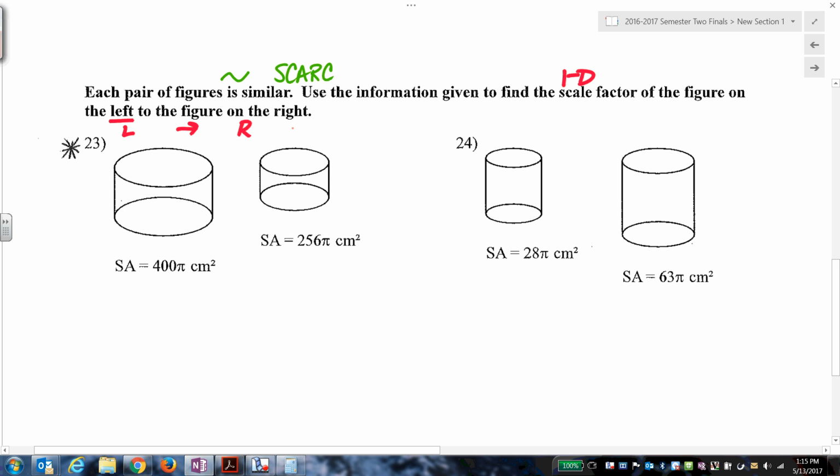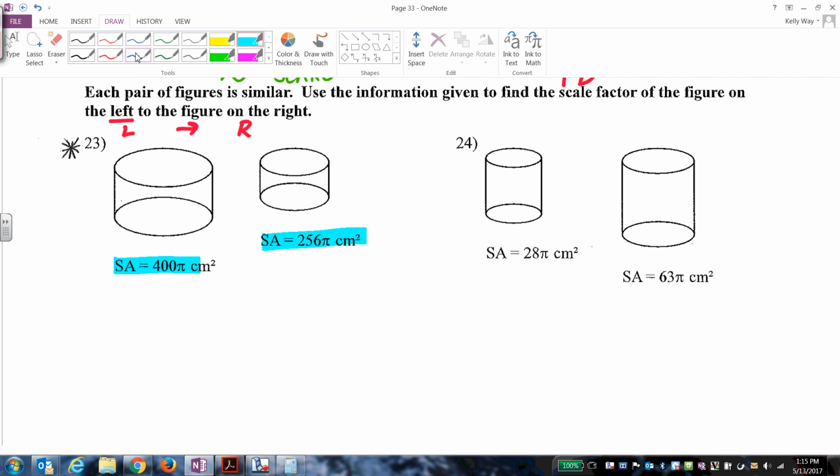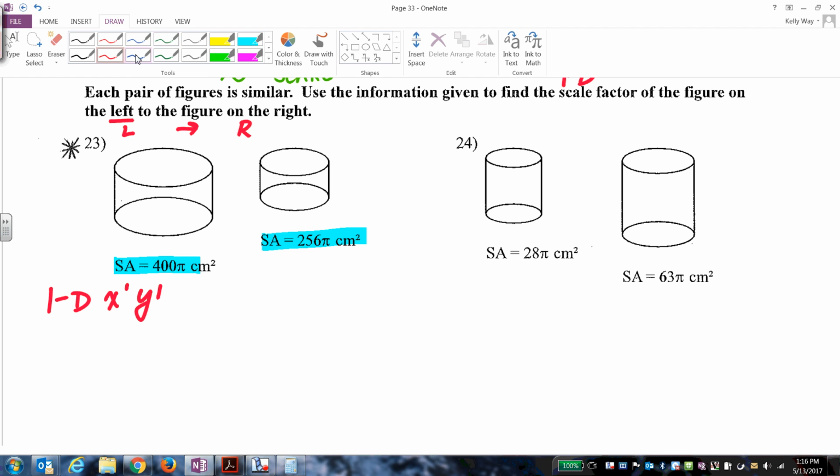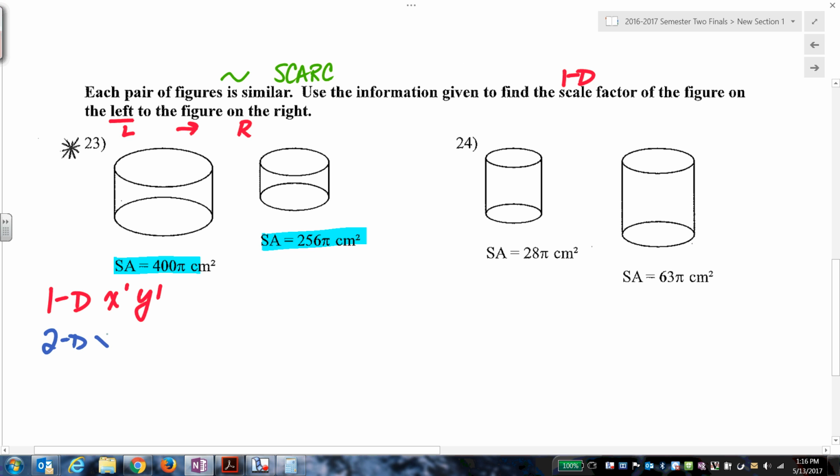Okay, use the information given. So we look at what we're starting with, and in this case, we're starting with the surface areas, which means when we have one dimension, x to the first, y to the first, our second dimension, x squared, y squared, and our third dimension, x cubed, y cubed, we are starting with our second dimension ratio.